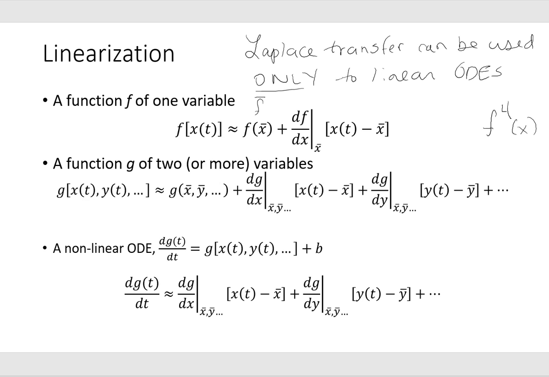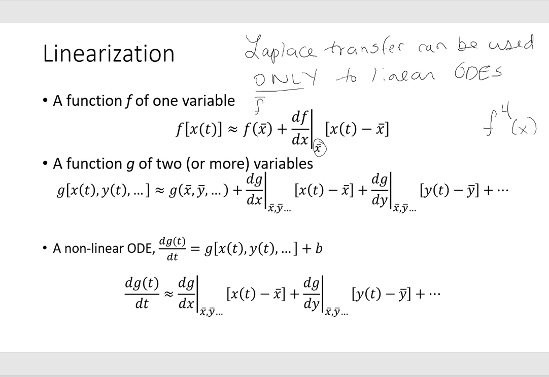Here, if we take the first derivative of that function f and evaluate it at the steady state condition, it turns into a constant, and then we can just multiply by the difference between the natural variable x and its steady state initial condition. Suddenly we have this linear approximation of this nonlinear function f.